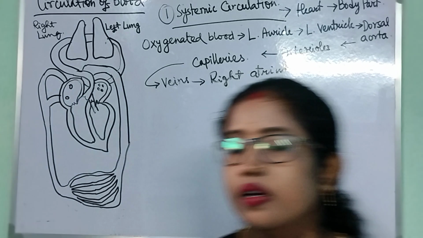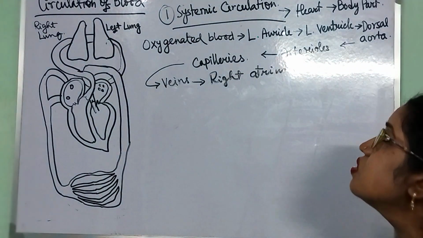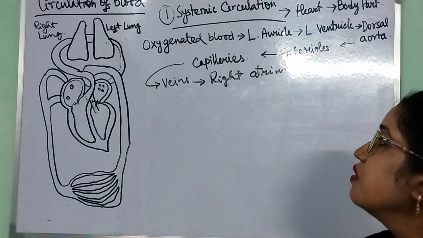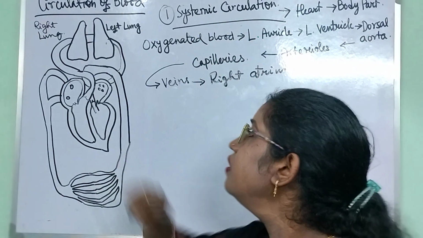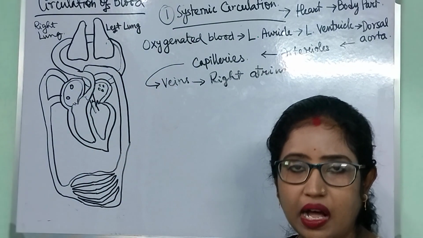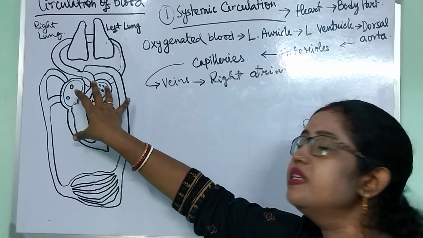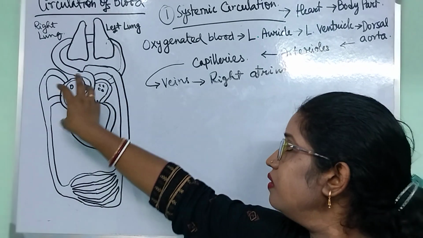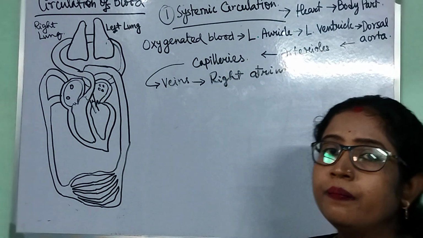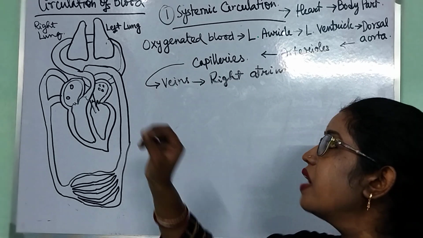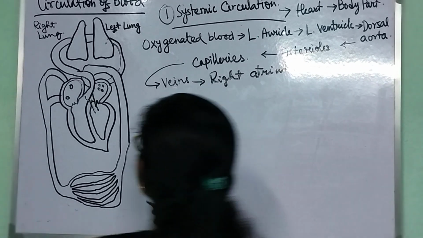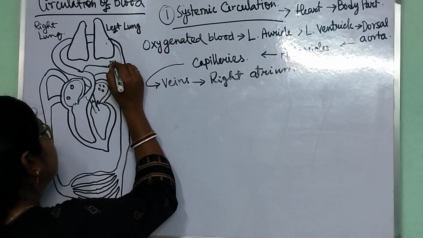So the blood that flows from heart to body part is known as systemic circulation. What happened first? The left auricle fills with oxygenated blood that comes from the lungs, and the left auricle then pumps the oxygenated blood into the left ventricle. Left ventricle then contracts and forces its blood to enter into the dorsal aorta. This is the dorsal aorta.